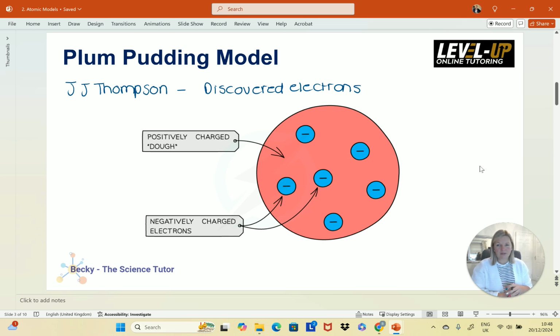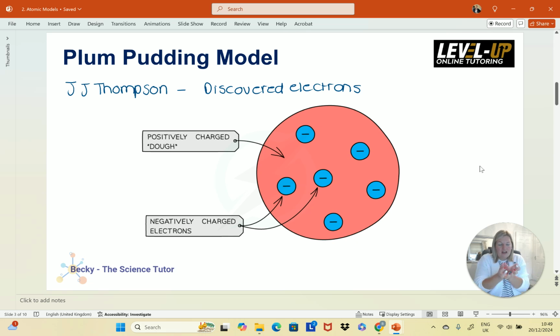model. Now I don't quite like the name plum pudding model because, I'll be honest, I've no idea what a plum pudding is. Okay, so the way that I think about it, I almost imagine having a ball of cookie dough, because we know what that is, right? Ball of cookie dough, and that's the main part of your atom, and then taking some chocolate chips and just randomly sticking them into your ball of cookie dough.